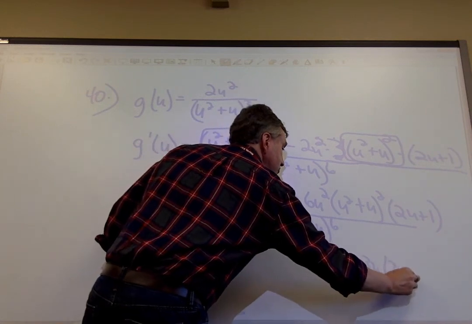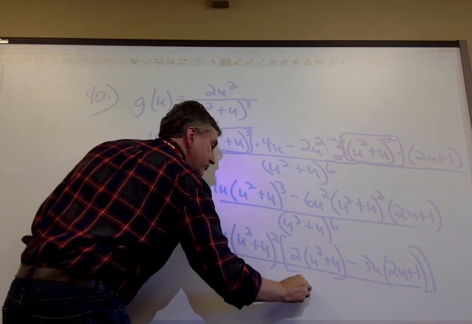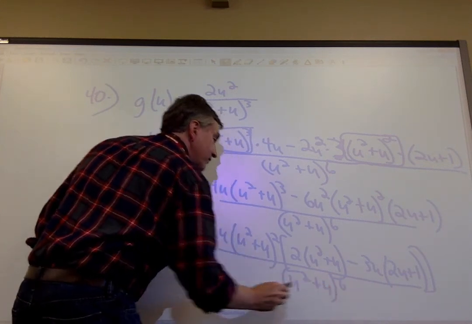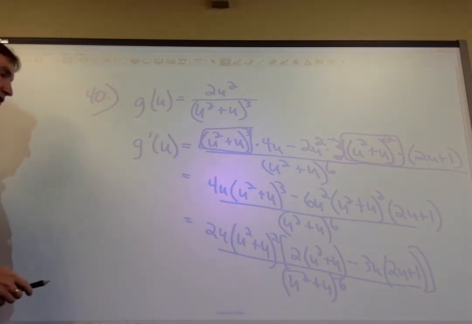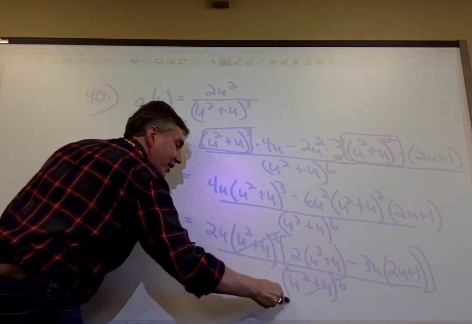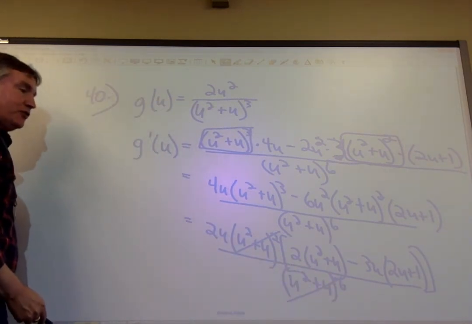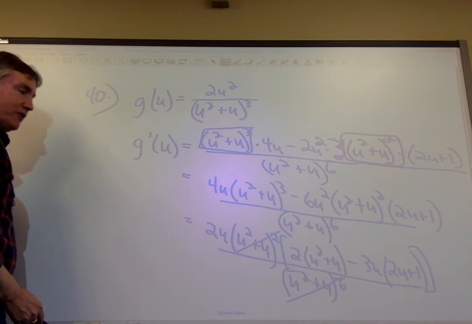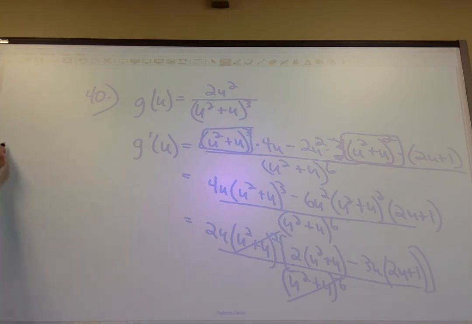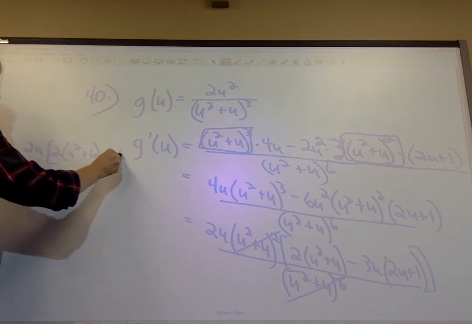And I still have the 2u plus 1, over u squared plus u to the 6th. Do you see now that I've factored that out, I can cancel 2 of these out, leaving how many down here? A 4. If I cancel out 2 of those in the parentheses, that would leave 4 of them downstairs, right? So I have this, it's a little better. 2u times 2u squared plus u minus 3u.